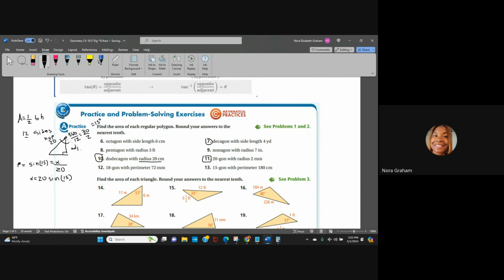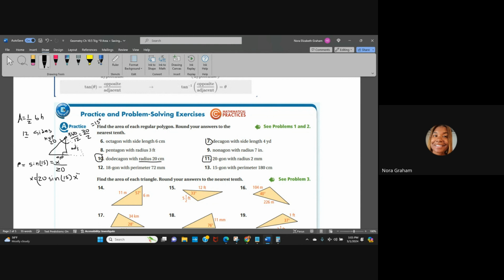Now we're not done yet, because all that found was this part right here. That just found the part of my right triangle. But if I want to know the whole perimeter of my whole regular decagon, then I need to account for this side as well as my whole triangle, because that whole triangle is going to account for one whole side of my decagon. So that means I need to take what I found here and multiply it by 2.